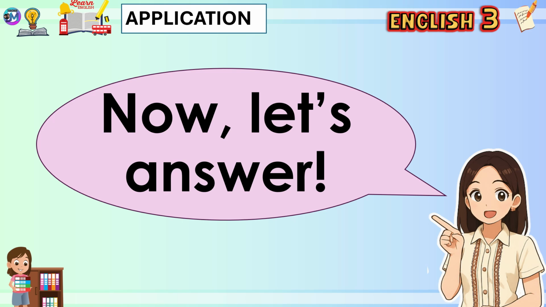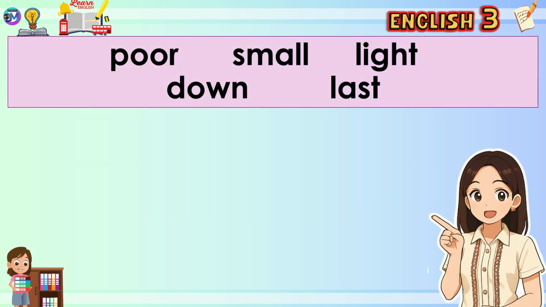Now, let's answer. Let's read the choices from the box first. Poor, small, light, down, last.